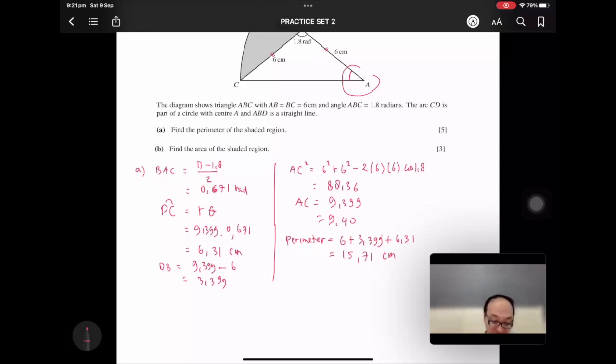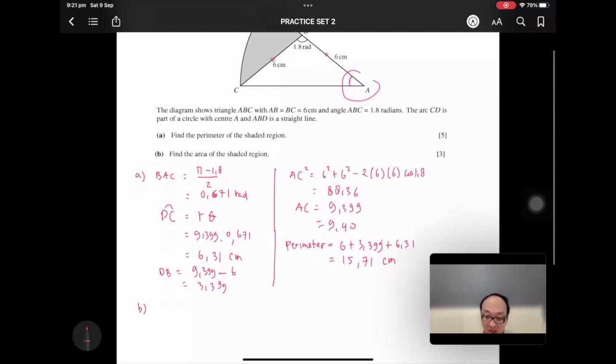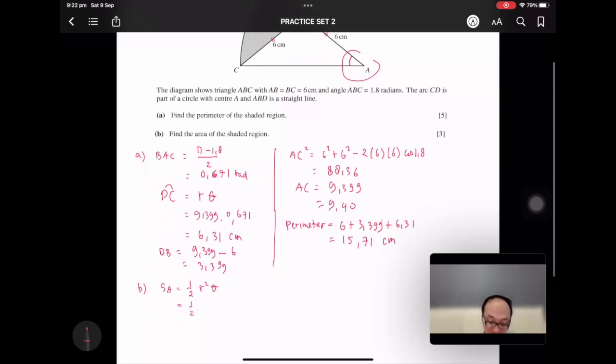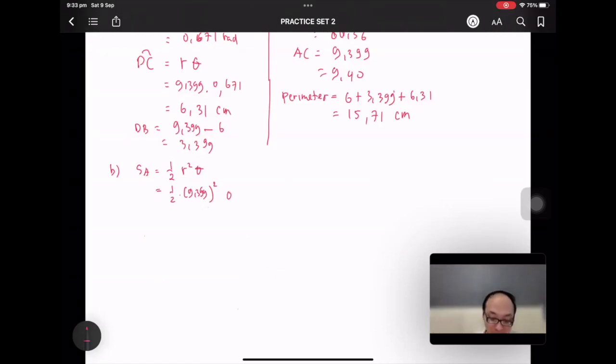That's A. And B, find the area of the shaded region. So we can find the sector area using the formula half r squared theta. The r is 9.399 squared times 0.671. So this equals 9.399 squared divided by 2 times 0.671.